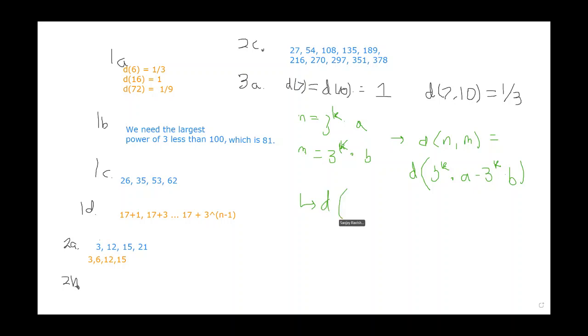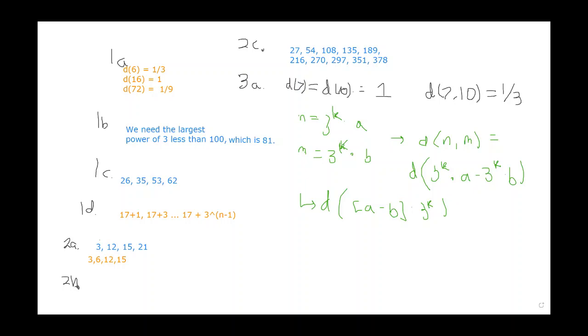So what are all possible values? It's a minus b times 3 to the k. So a minus b can be either 1, 2, a multiple of 3, or anything like that.